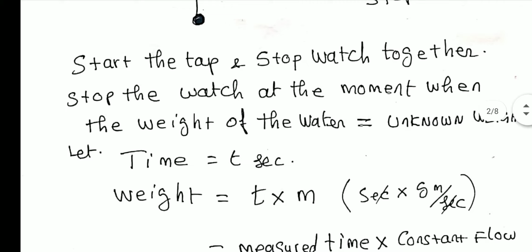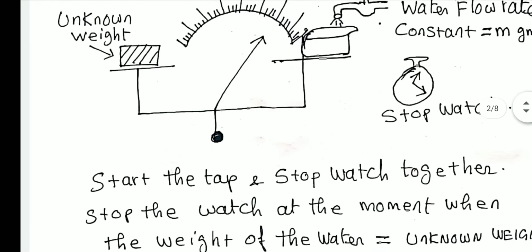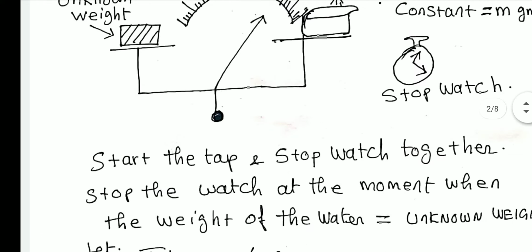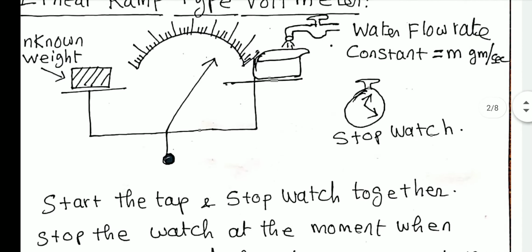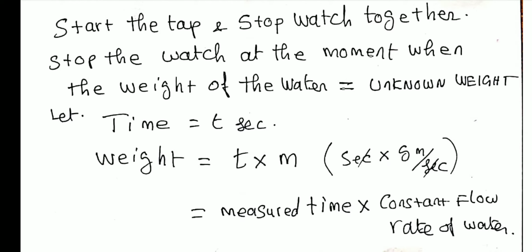Our interest is to measure the unknown weight. So the unknown weight is the time taken t measured from the stopwatch multiplied by the flow rate m gram per second. We know the measured time t is in seconds and the flow rate is in gram per second. Seconds cancel out, so we get grams. That is the unit of mass. So we get the mass, the weight.